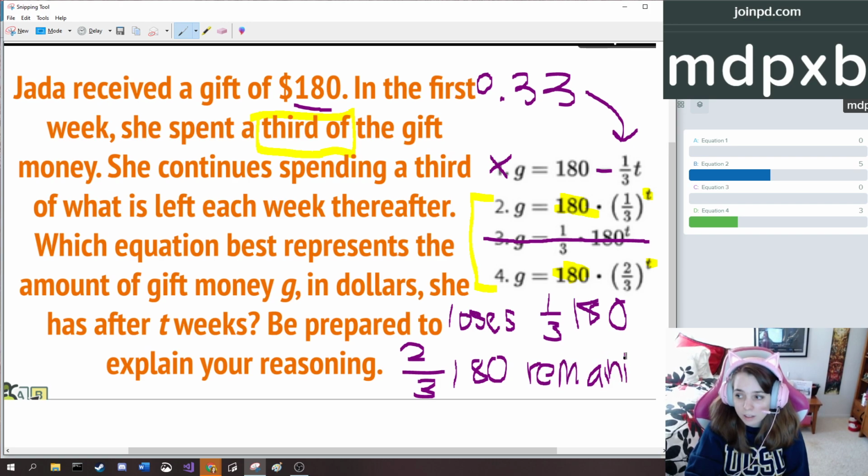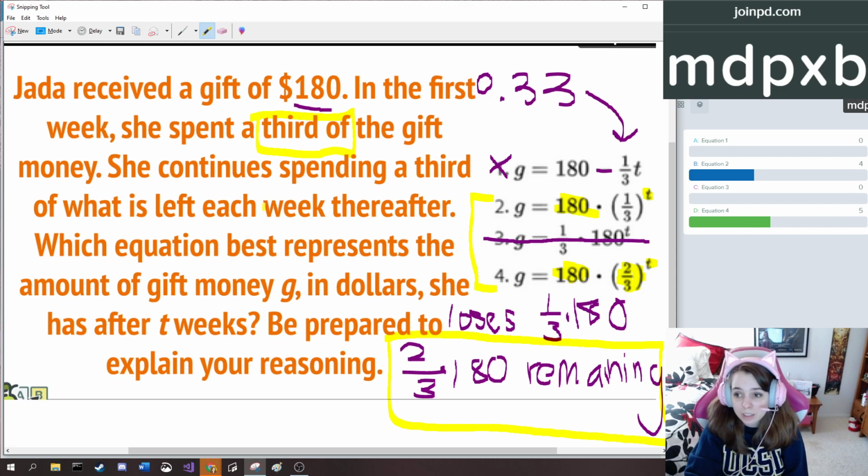When we're writing our equations, we want what's remaining. That is what our equation calculates. So this factor needs to be not what she's losing each week, but what's remaining. She's spending a third of her money each week, which means there's 2/3 of her money left.